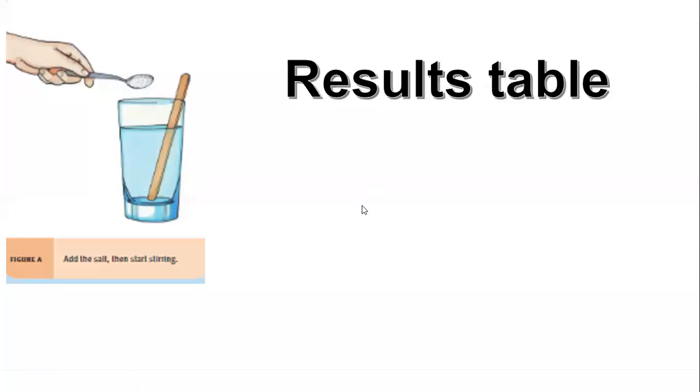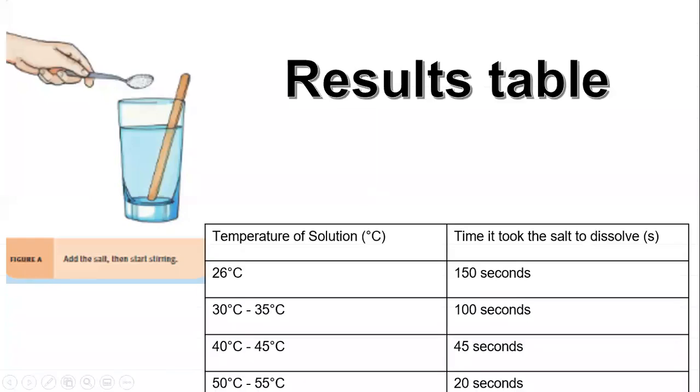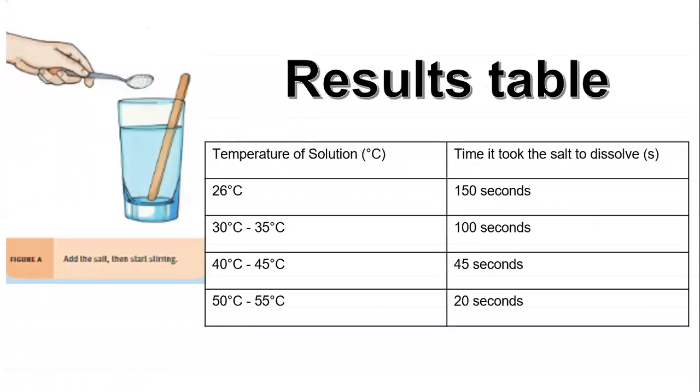And I have my results table here, which on the left is indicating the temperature of the solution. So remember the first cup that we had, it said that we need to pour water from the tap. After pouring water from the tap, we take it to a dark space, put the thermometer in the cup and measure the temperature. So it gave me 26 degrees Celsius, all right? And then we heated water, obviously using our kettle or the Bunsen burner.